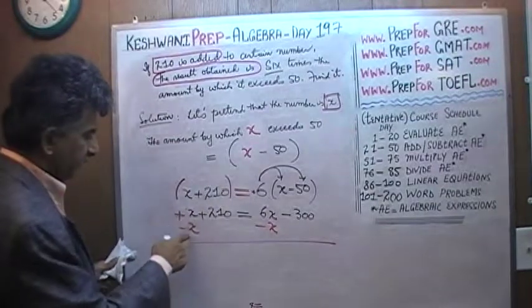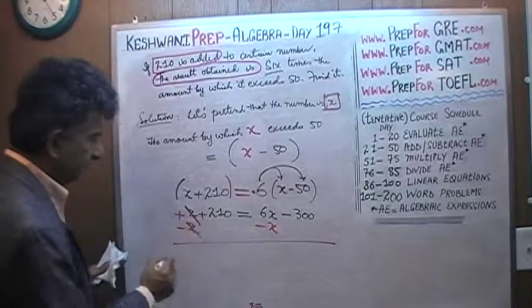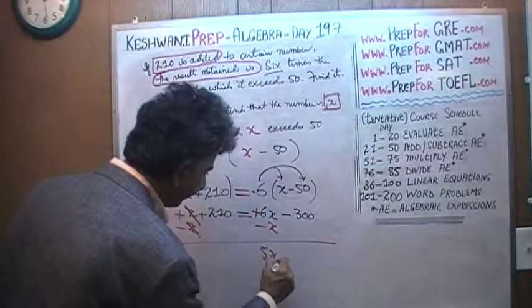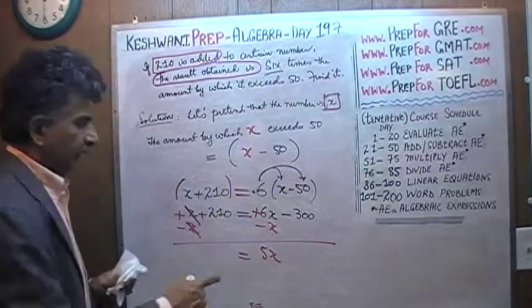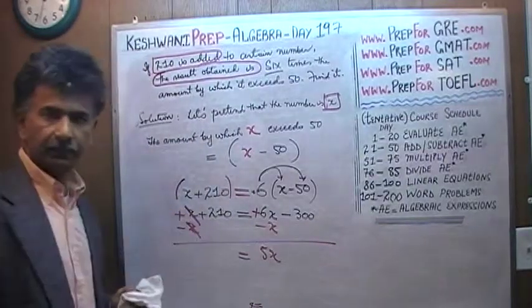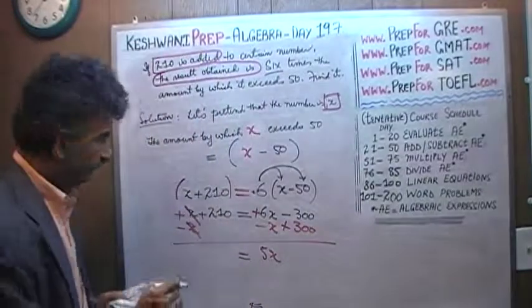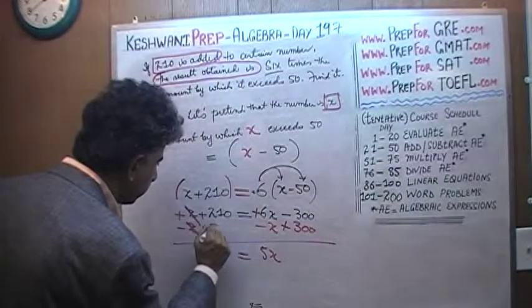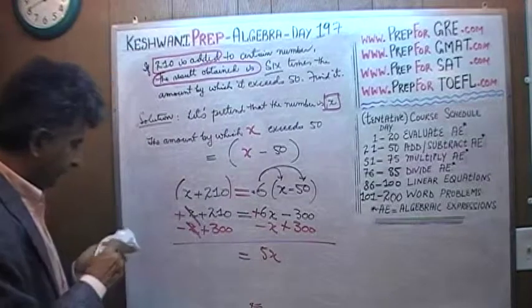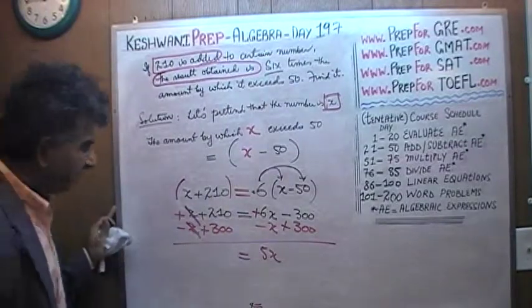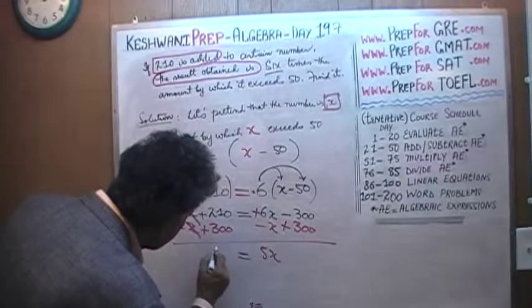Here we have a positive x, here we have a negative x that drop out, and positive 6x and a negative x gives us 5x equals, and let's bring this 300 to this side by adding 300 to both sides. 300 plus 210 is 510.